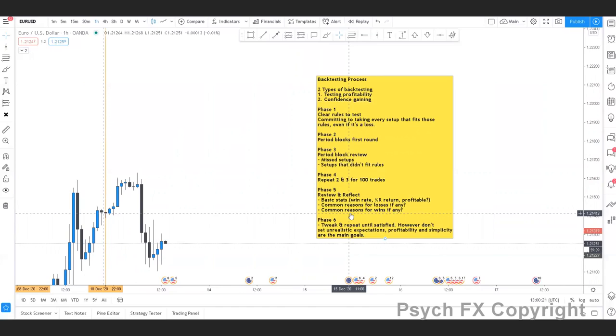But being aware of this just allows you to get to know your plan to the point where you understand that, okay, if this happens, it has a slightly lower success rate. And as you get more advanced, you can then adjust your risk tolerance based on the probability of that setup.